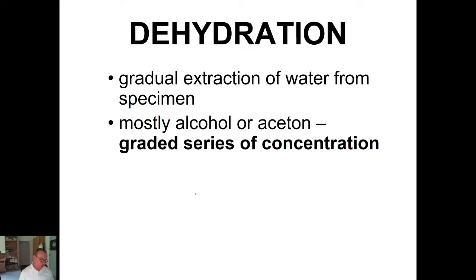These solutions are given to our tissue in a so-called graded series of concentration. It means we start from a low concentration of alcohol or acetone, and then we gradually transport our tissue into more and more concentrated solution, and the final solution is 100% concentrated, so there is no water in the solution and all water from our specimen is extracted.